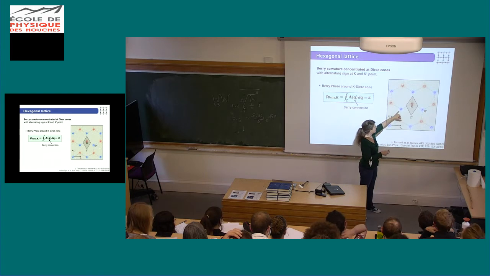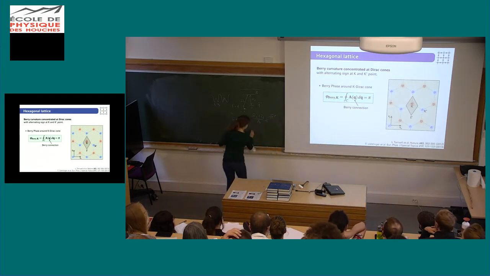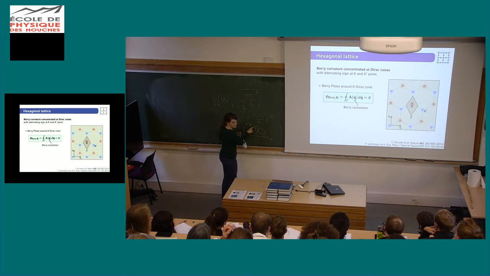And then if you were to go along this line, so let's say this is our Haldane phase diagram, this is delta. So we move first up here, and then we move down here. If you move down here, I told you that the topology of the band can only change by a gap closing point. And what happens is that the gap closes at one of the Dirac points.